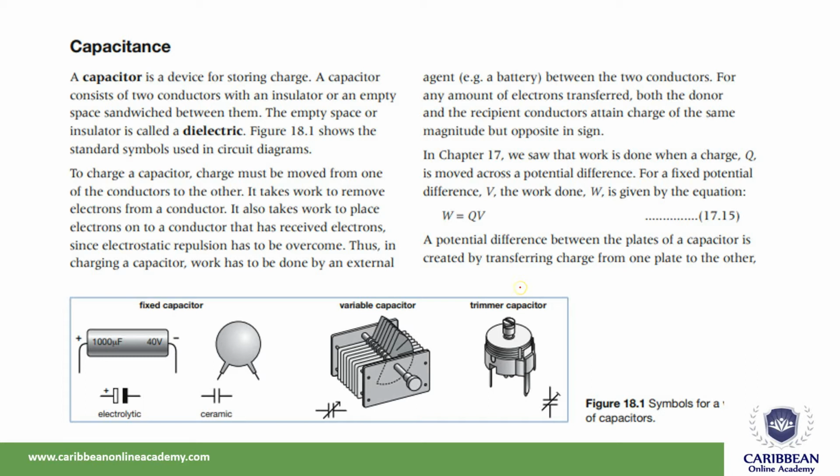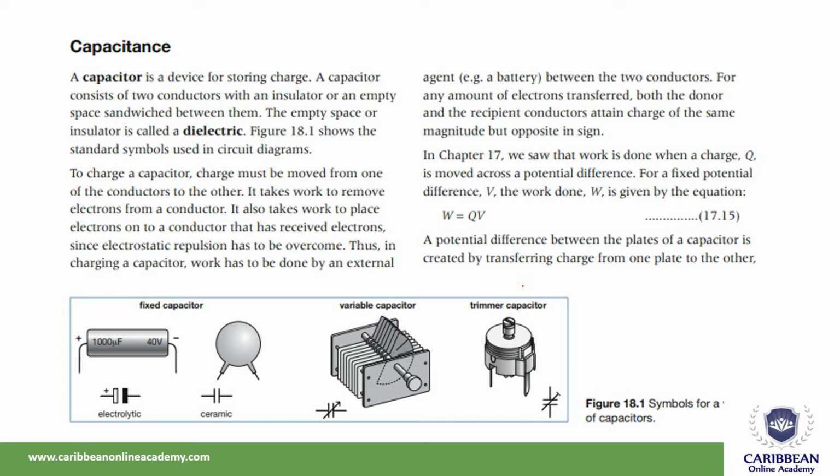Now, the dielectric of a capacitor helps to increase the storing capacity of the capacitor. All right. So depending on the different type of insulators that are used, that will determine how much charge the capacitor itself will store.